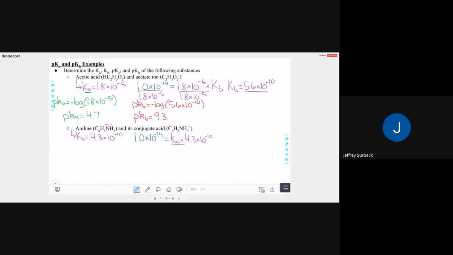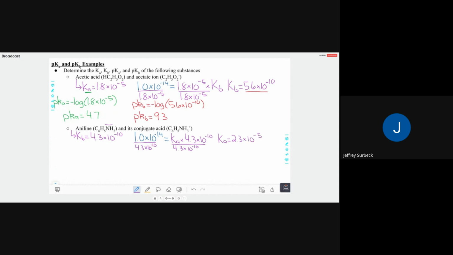We go ahead and divide this number on each side. 1 times 10 to the negative 14th divided by 4.3 times 10 to the negative 10th, and we get a value of 2.3 times 10 to the negative 5th. So our Ka is 2.3 times 10 to the negative 5th.